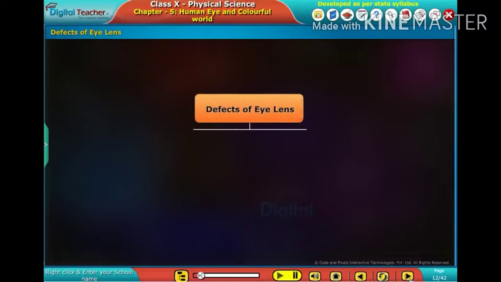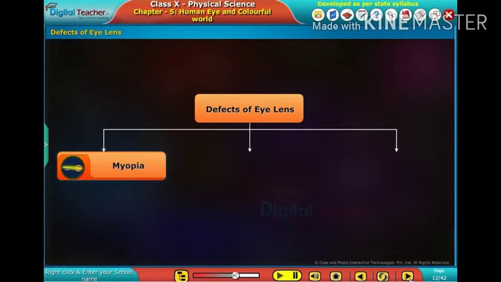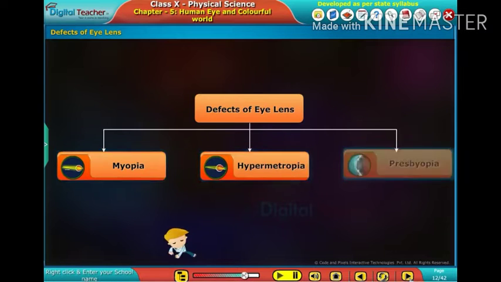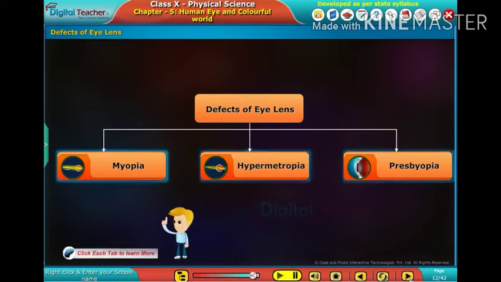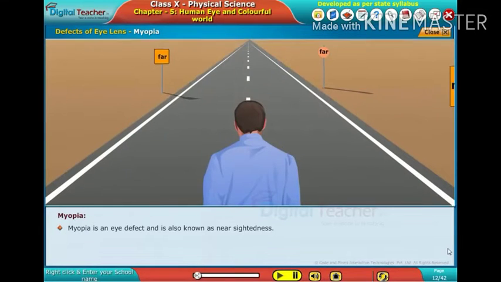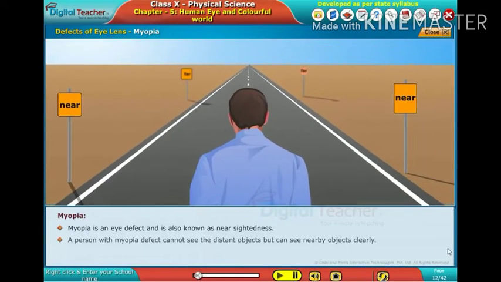Let us learn more about the defects of the eye lens. There are mainly 3 common defects of vision: myopia, hypermetropia, presbyopia. Click each tab to learn more. Myopia is an eye defect, also known as nearsightedness. A person with myopia cannot see distant objects but can see nearby objects clearly.